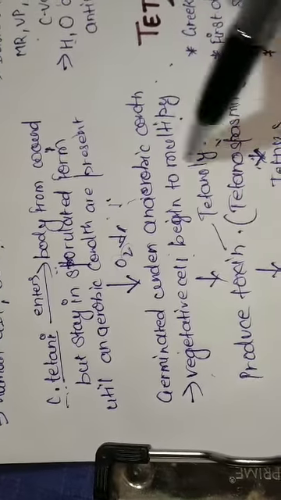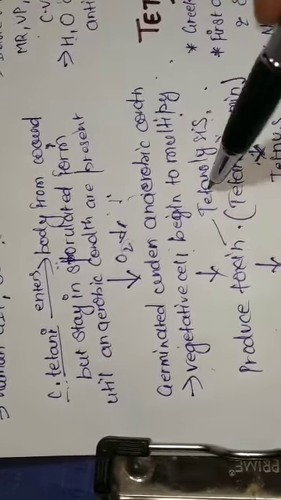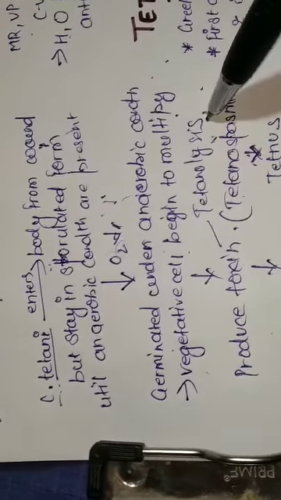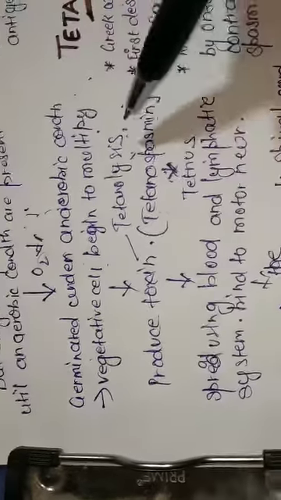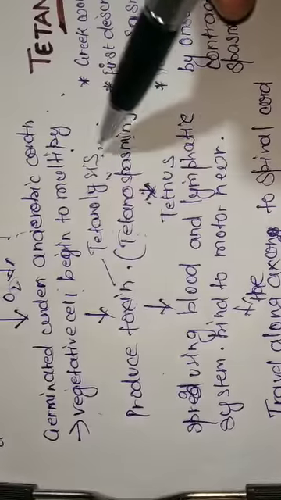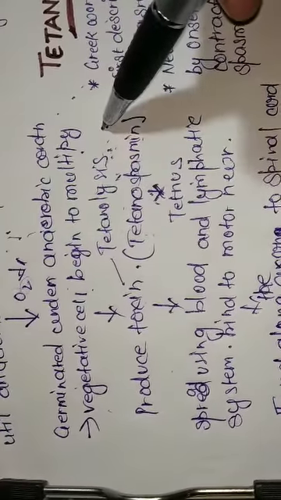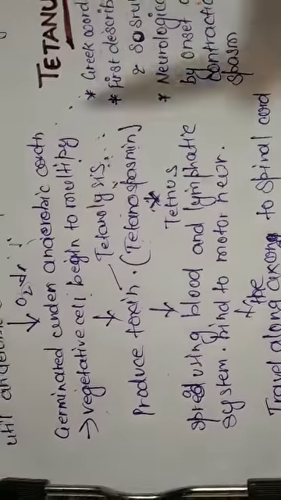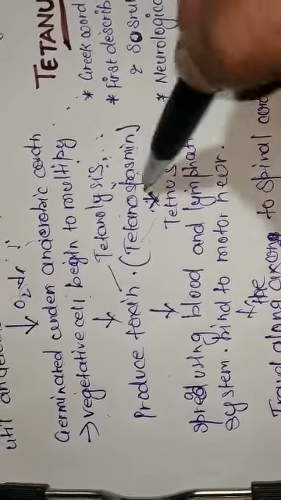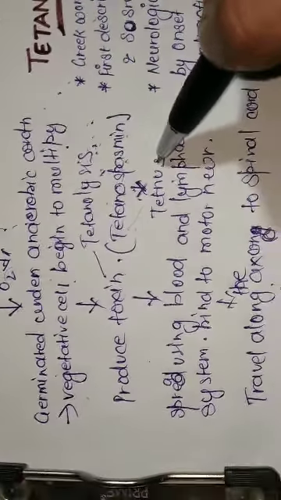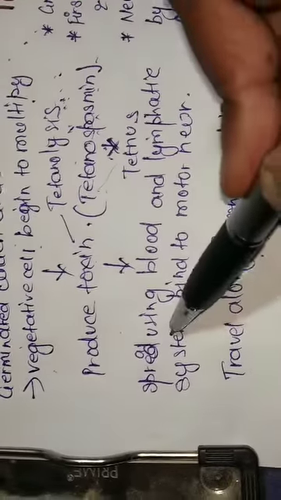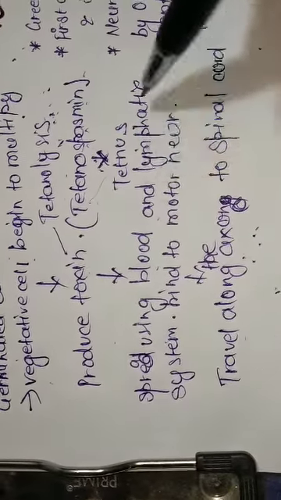After the multiplication, they start producing two types of toxins, tetanolysin and tetanospasmin. Tetanolysin is believed not to cause tetanus, but it causes red cell lysis. But tetanospasmin causes tetanus.